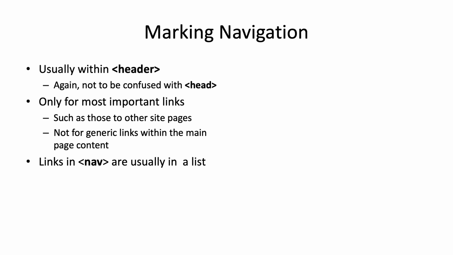Okay, the links in the nav element. This particular element is called nav and is used to mark navigational links, and they are usually a list. Again, it could just be a few A elements or anchors, that's completely fine.